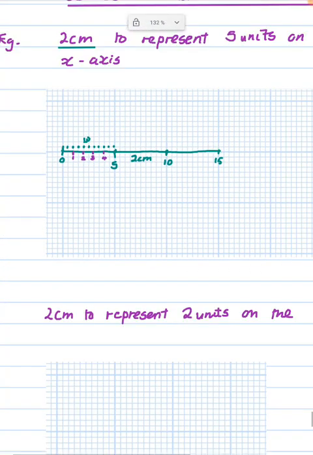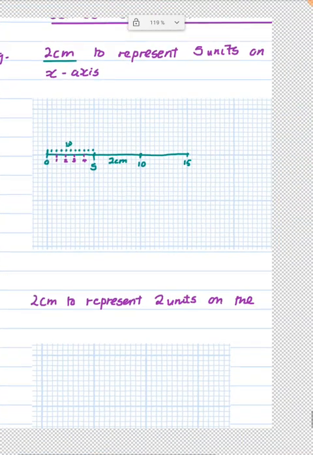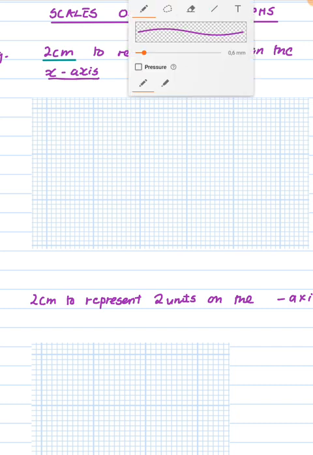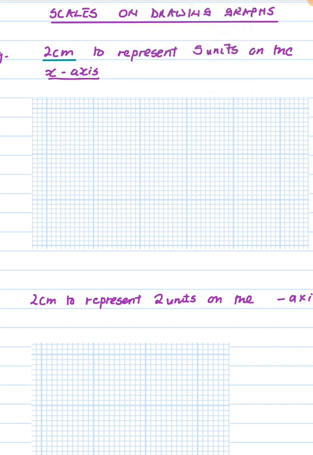So on average, once 2 centimeters represent 5 on the x-axis, we want to represent this information on the x-axis. So how do we do that? We take our x-axis, which is a line like this, right? Are we together?